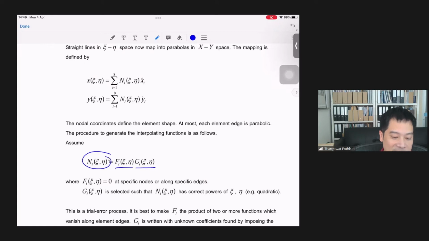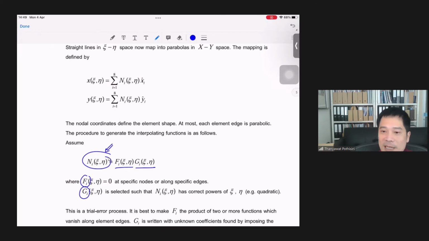The first part, the f function, would make the shape function follow a certain property, and the g function would make our shape function follow another property.